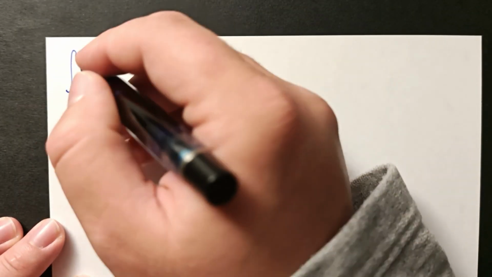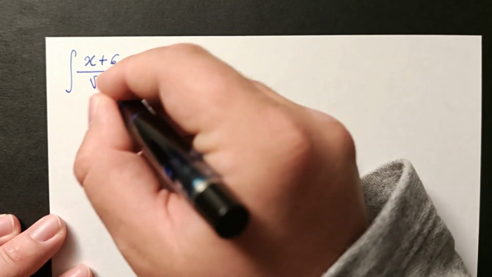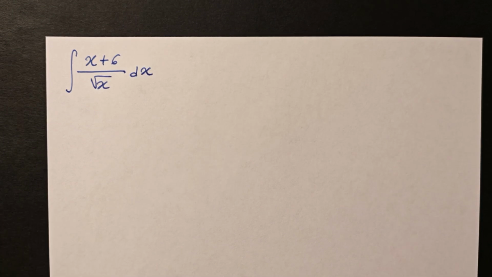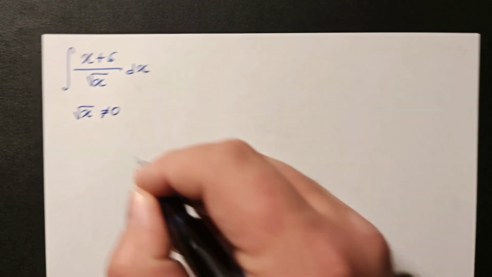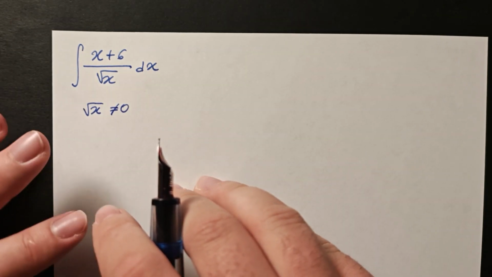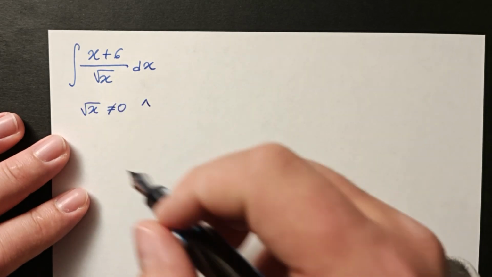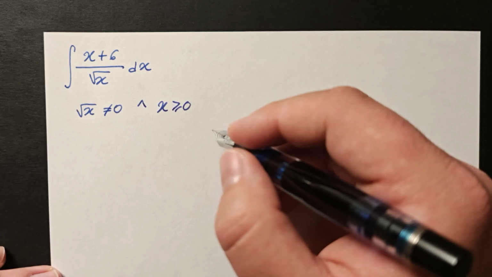At this point, I want to show you how you can solve integrals which are even more complicated than ones which we have seen so far. So let's observe this integral. For this integral to be well defined, the square root of x has to be different than 0, as that is in the denominator of a fraction, and in order for this square root function to be well defined, x has to be larger or equal to 0.